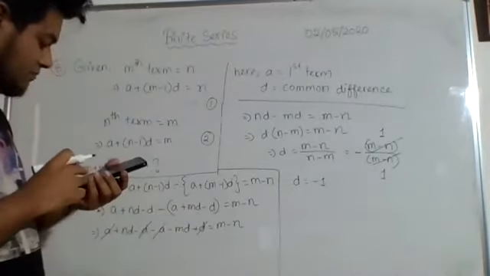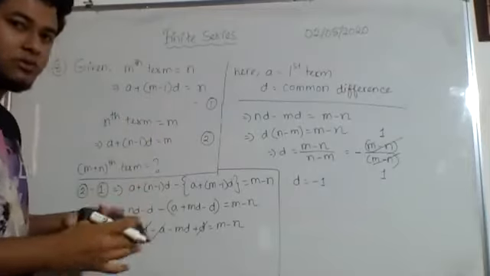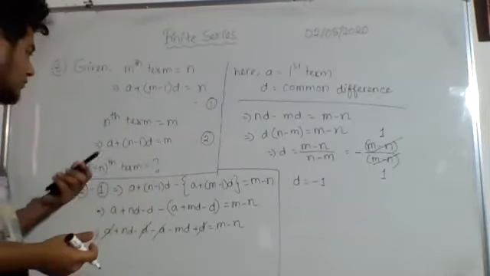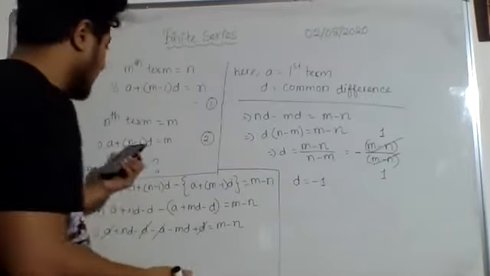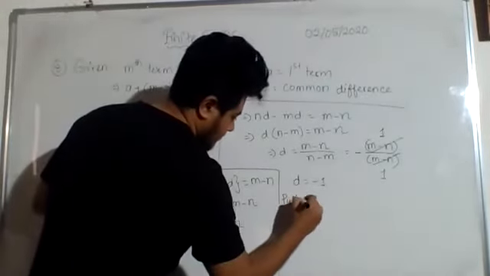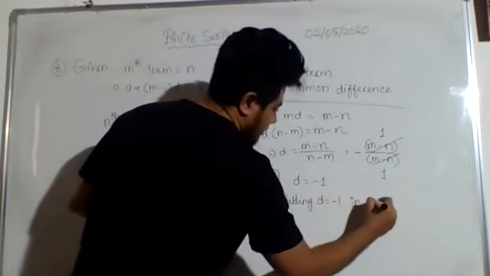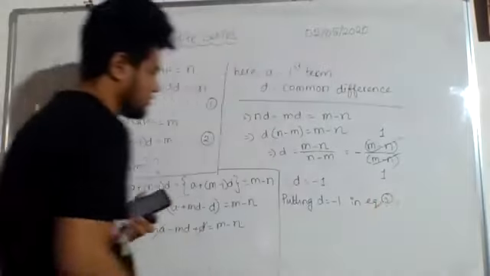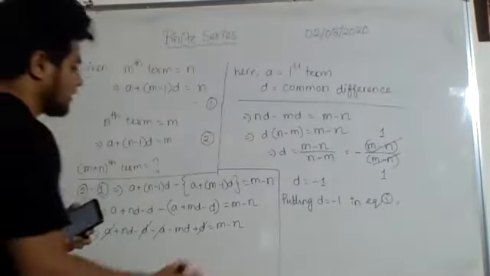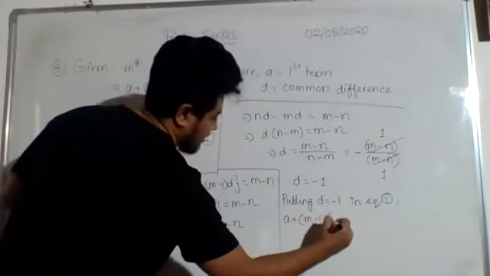Now if I replace the value of d in either equation 1 or equation 2, I will get the value of a. Putting d equal to minus 1, let us say in equation 1, equation 1 will become a plus m minus 1 into d, where d is minus 1.